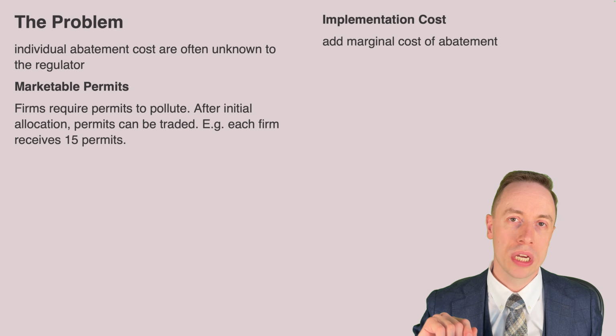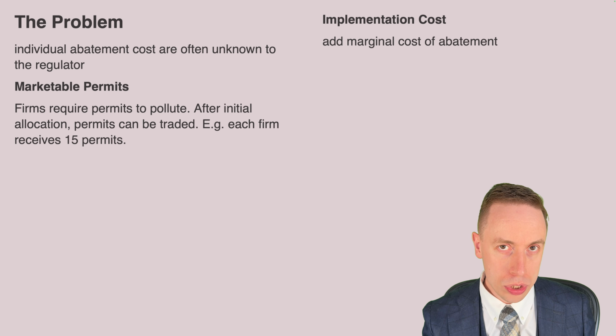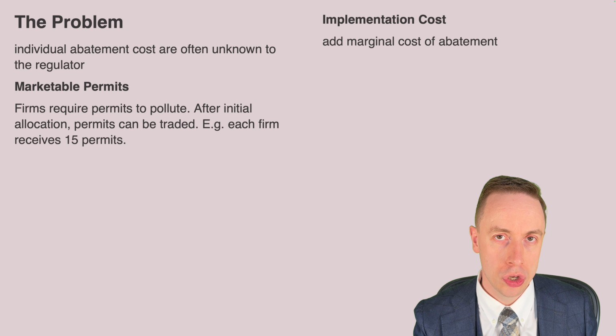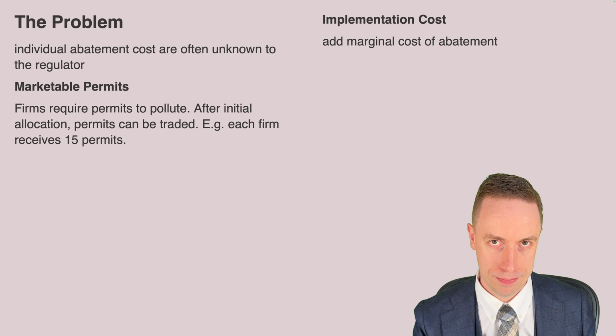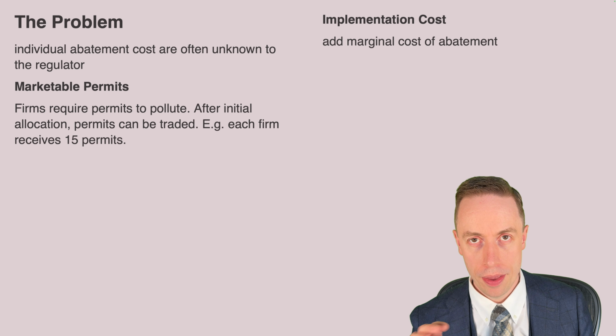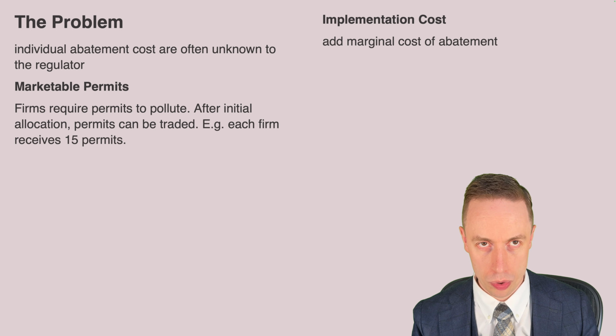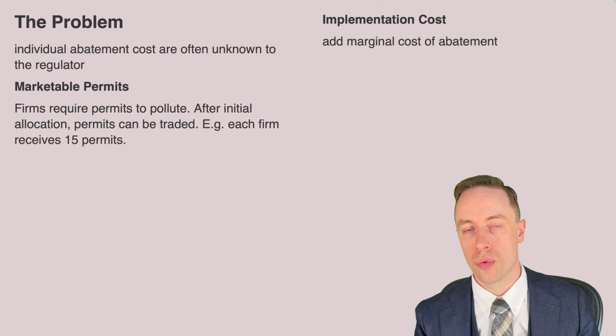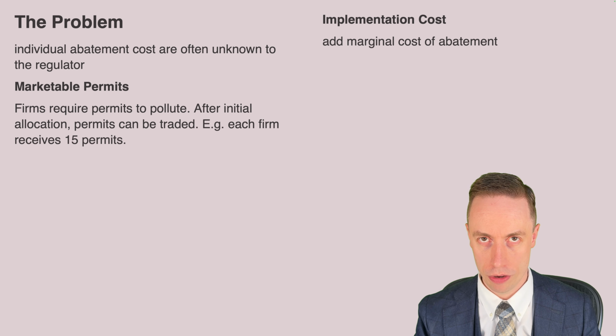We say you cannot pollute except those pollution units you have permits for. And then, crucially, this is where the magic comes in, after we put this blanket rule in place, we will now let firms trade these permits, and that has a really cool effect.